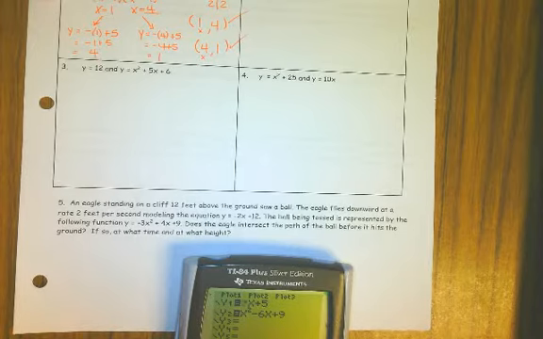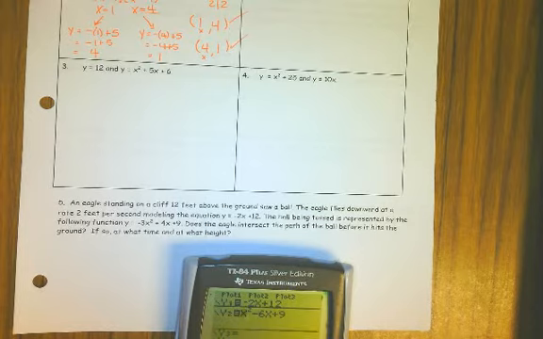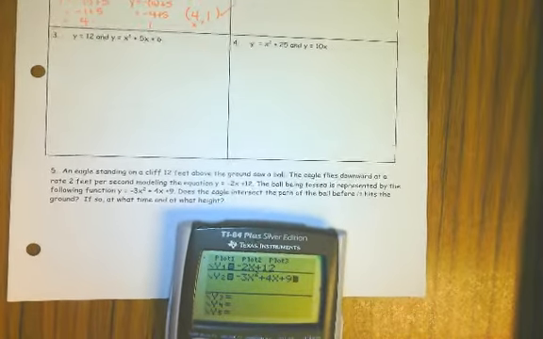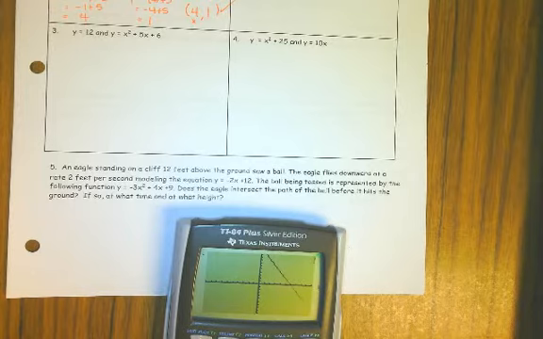So again, I'm going to go back to y equals, and I'm going to type this in. So negative 2x plus 12. And then I'm going to do negative 3x squared plus 4x plus 9. Okay, so if I graph that, okay, there's my line, and there's my parabola.